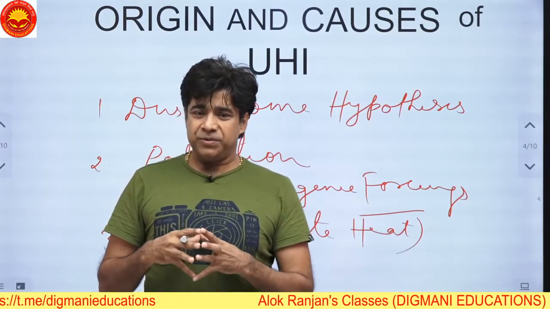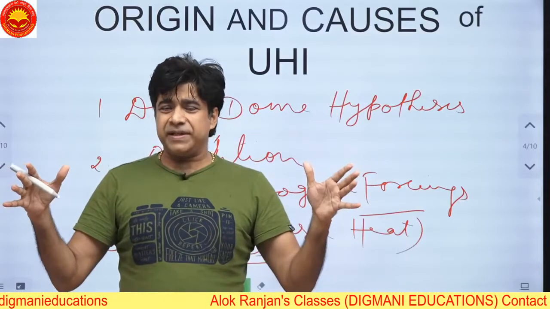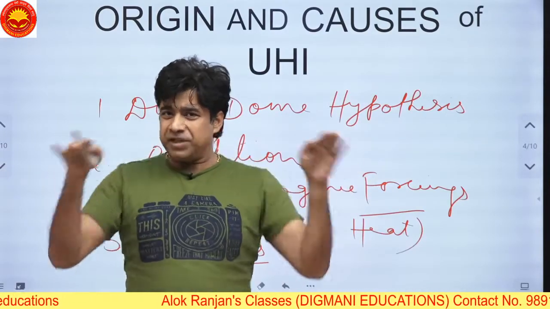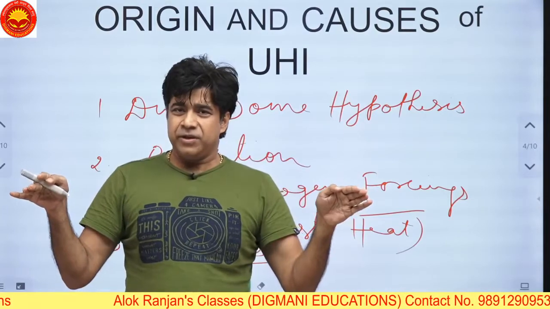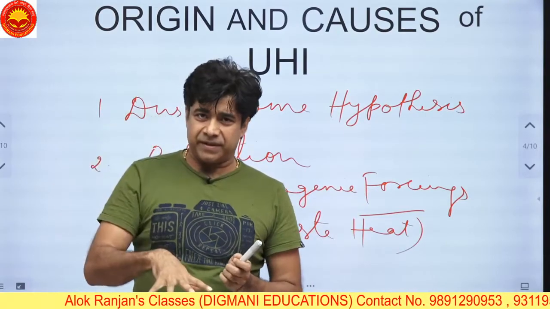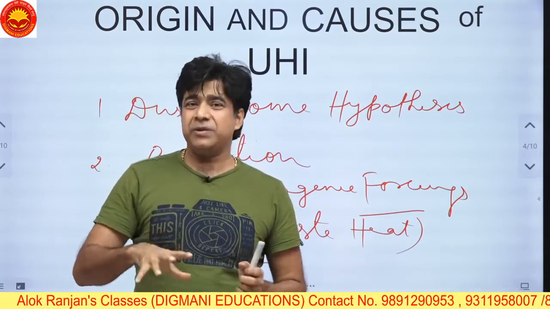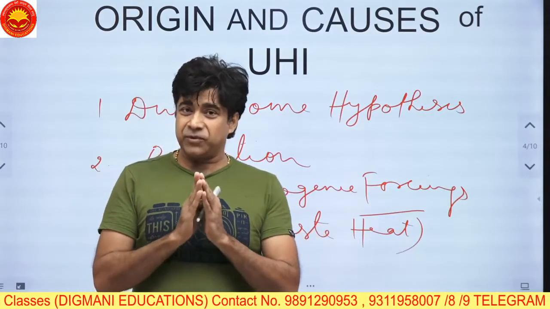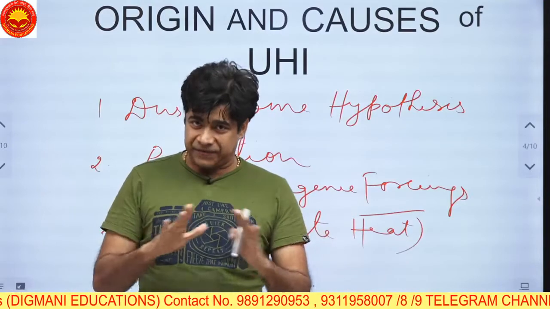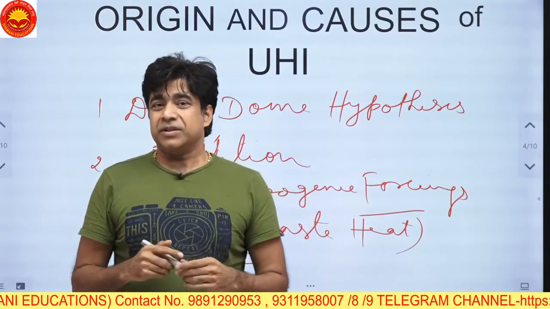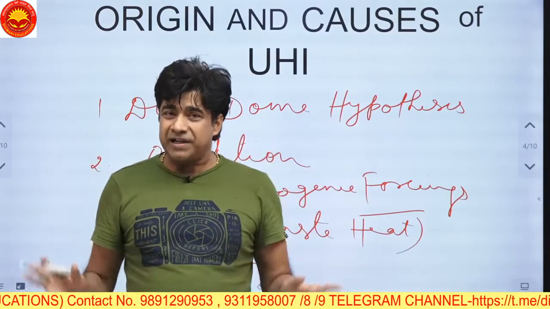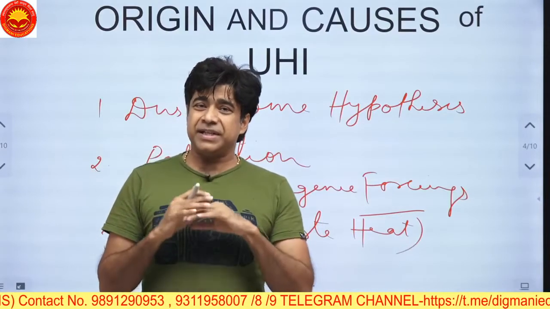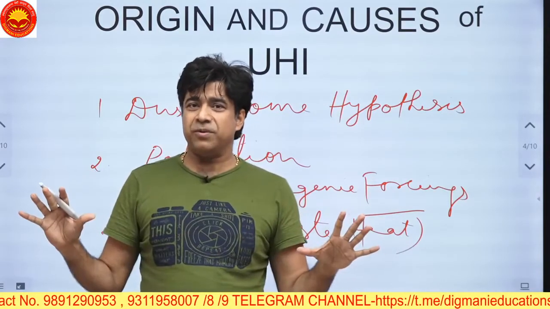When aerosols are there and they have this cooling effect in the upper atmosphere, the cold air begins to sink, and when the cold air is sinking, you will have atmospheric stability at the ground. And when there is atmospheric stability on the ground at the city center, then the heat waves are less transported, and the heat waves also have lesser horizontal movement.